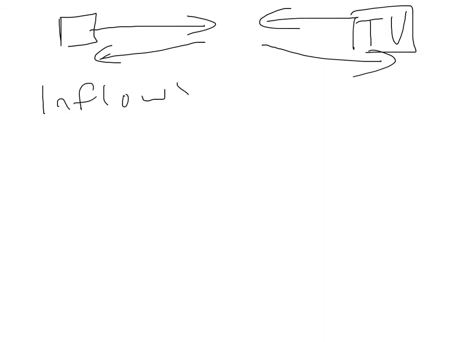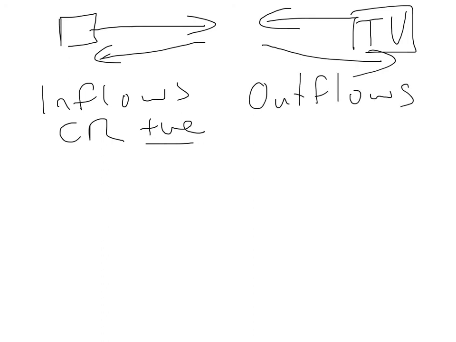Inflows, show them as credit amounts, or you can show them as positive amounts. I prefer positive, really. I'm a bit of a scientist at heart. And here we've got the outflows, and you can show those as debits or negative amounts. Again, I prefer that.